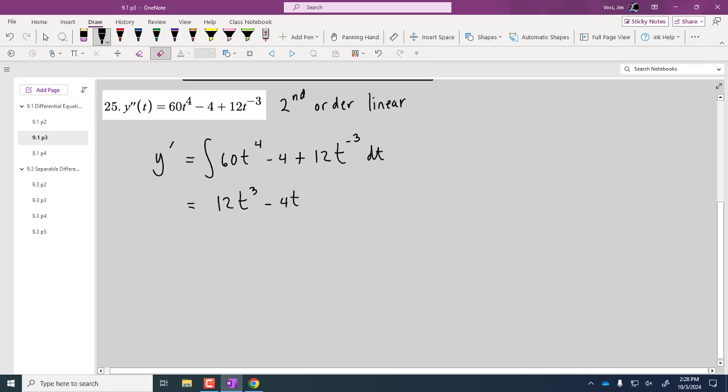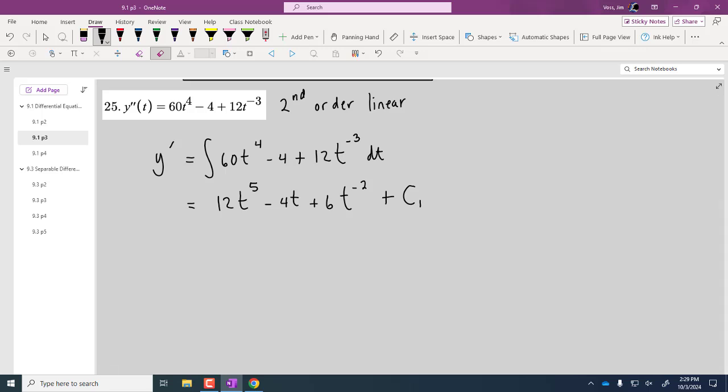That's not how you add 1 to the exponent, though. So that's going to be a 5. And then here, add 1 to the exponent, and we get negative 2. Divide by negative 2, that's going to make that a plus 6. Plus, I'm going to subscript this because I see a second derivative. We have to integrate twice to get to y. So that means we're going to have 2 constants of integration. So any question up to that moment? Oh, no, that should be negative.